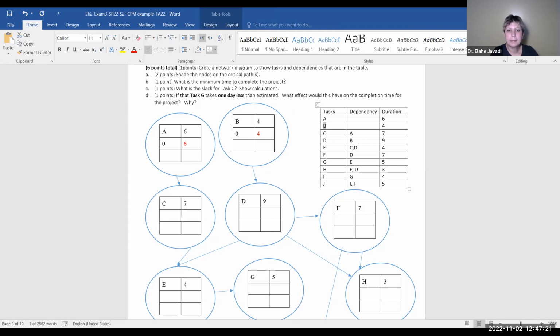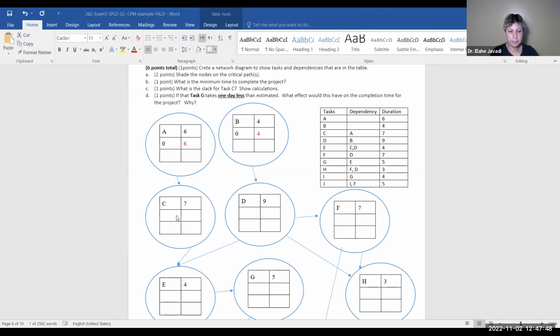Okay, I see Michaela next with a star. Michaela, give me early start for C. Sorry, I forgot I was muted. Would it be 7?